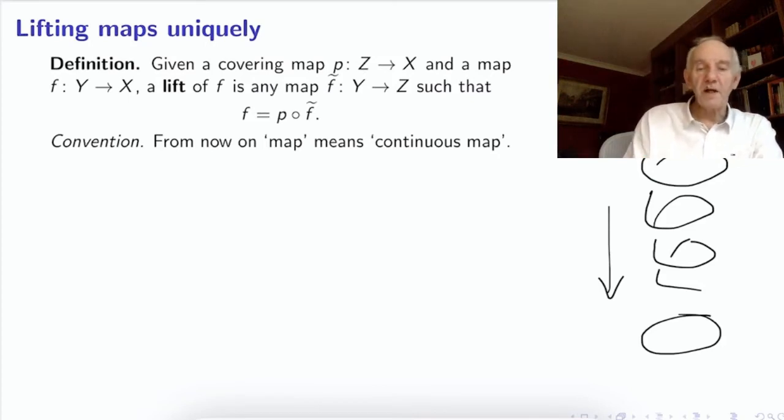So here, let me also draw a diagram. We have a covering, and this is R goes to the circle.